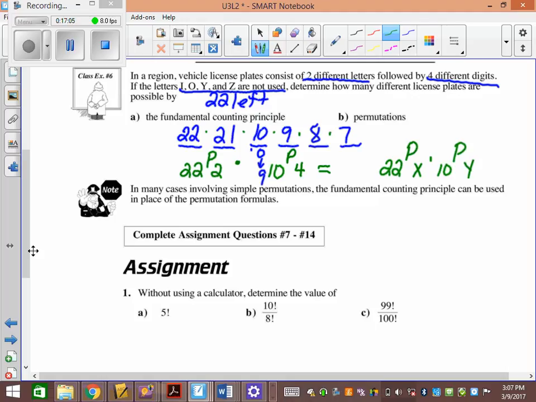Or they could say APB times CPD, where APB represents the different letters and CPD represents the different digits. What's A, B, C, D? Or A plus B plus C plus D. So you still do have to know how to do it because they can ask it that way instead. Okay?